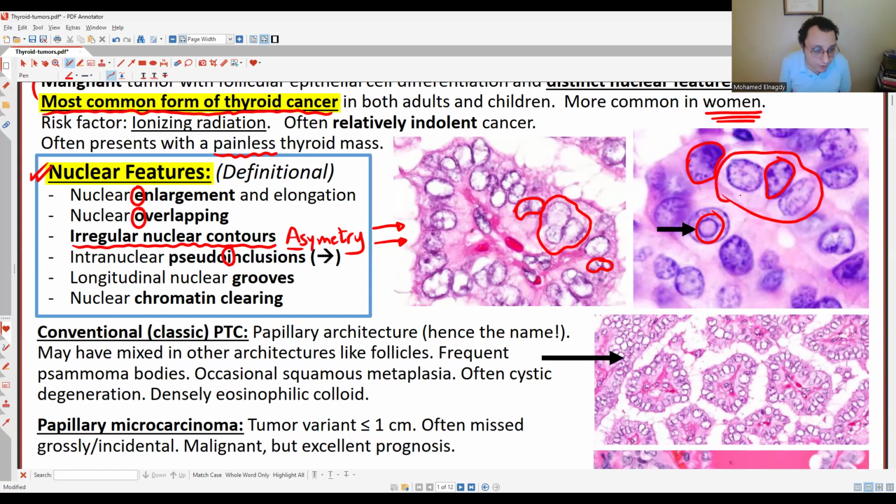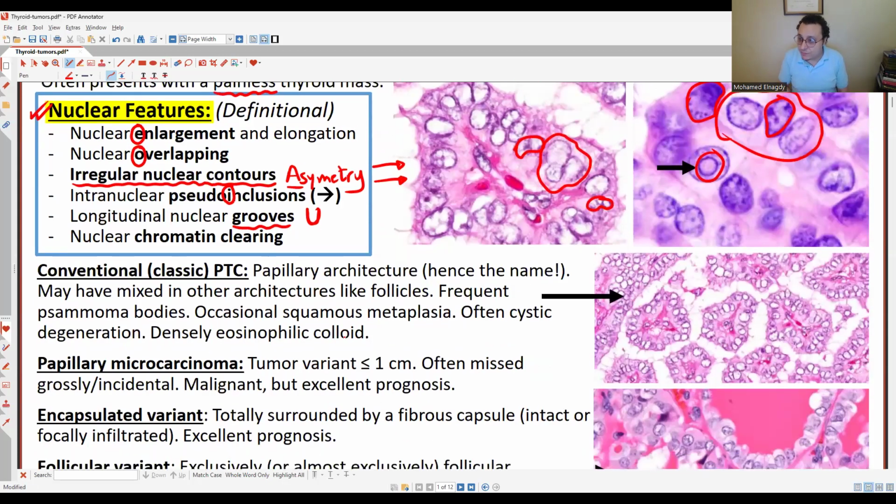So that's the overlapping O, and then finally the U is the grooves, which I always say, U-shape. The U has a groove. Grooved means like a U. Nuclear grooving makes the nucleus sometimes look like a coffee bean, like this one. See that groove?